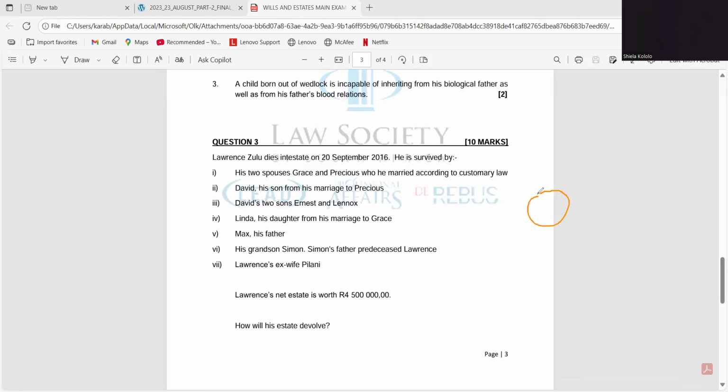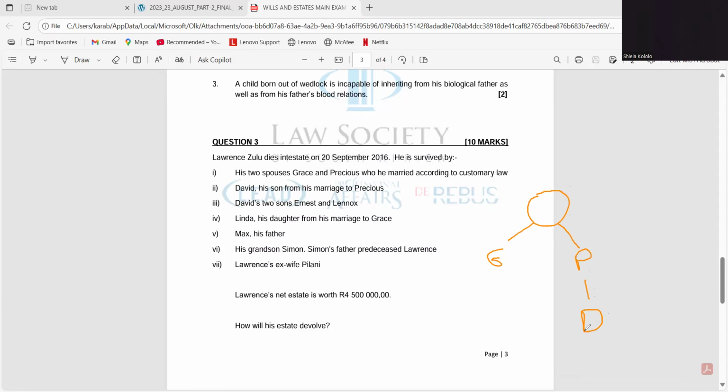So we've got this, right? This is how I usually do it. We've got the spouses. So this is Grace, and then this is Precious. The scenario says David, his son, from his marriage to Precious. So they've got a son, David.